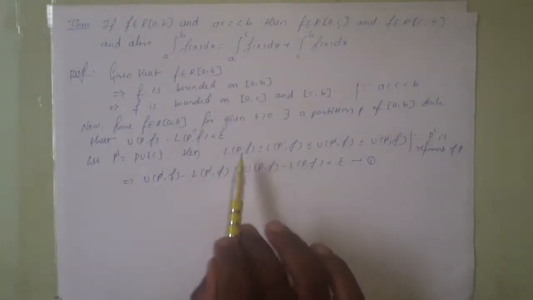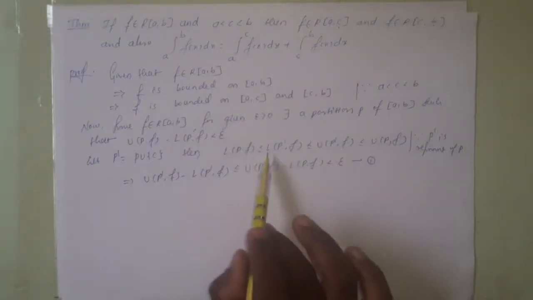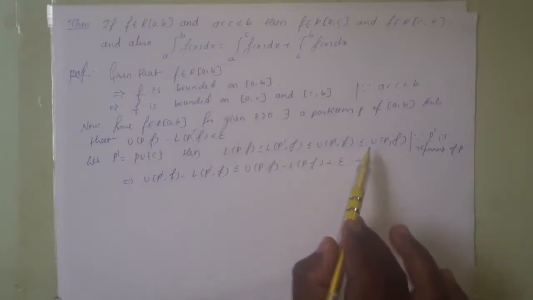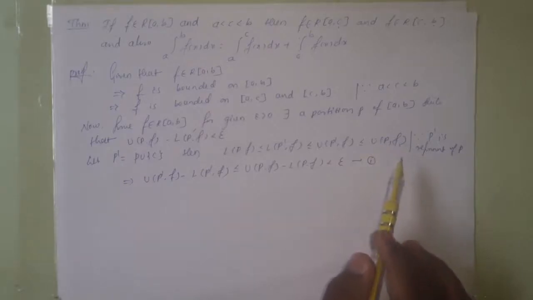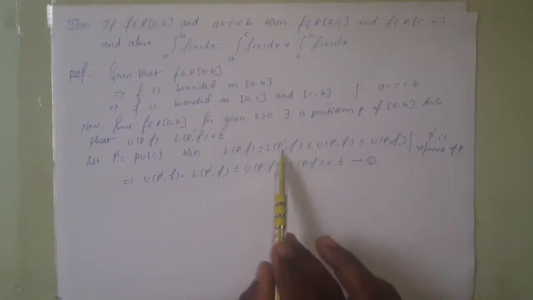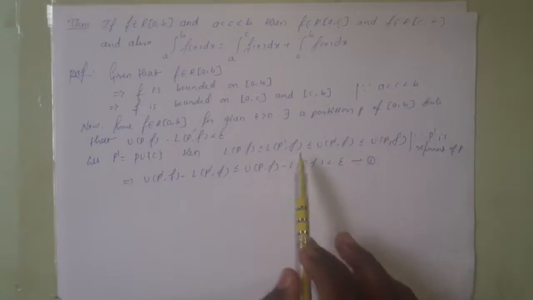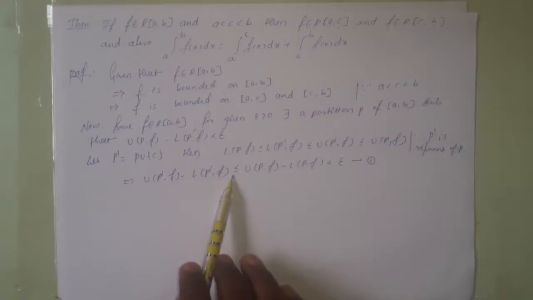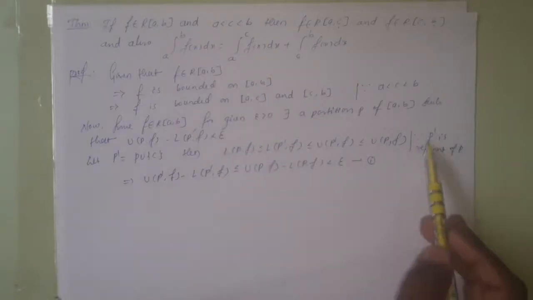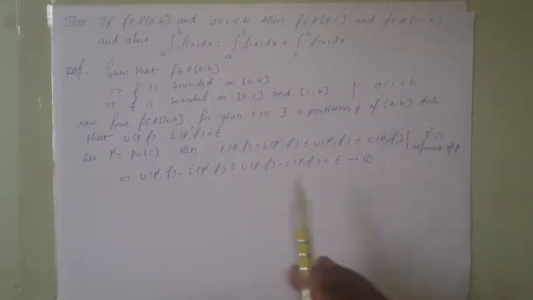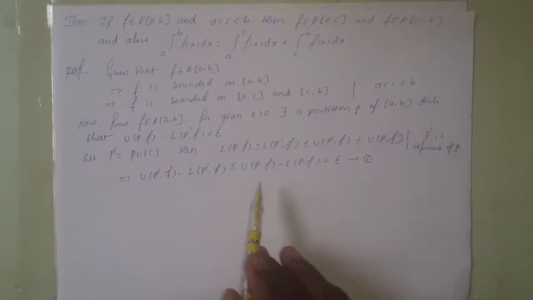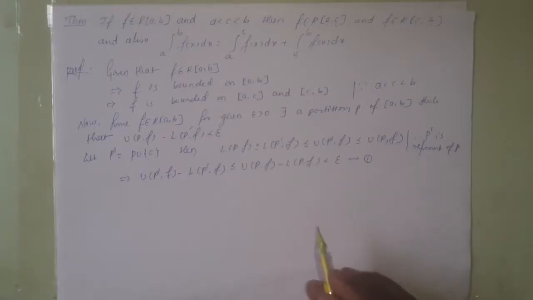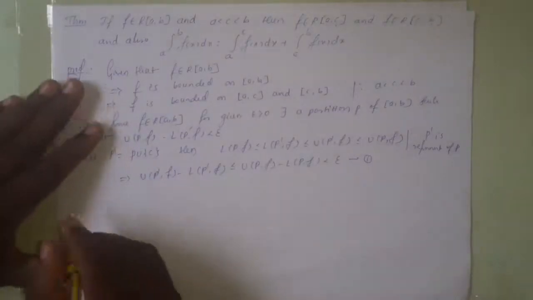Here, by considering this inequality, L(P, f) less than or equal to L(P dash, f) less than or equal to U(P dash, f) less than or equal to U(P, f), shifting L(P dash, f) to the other side becomes negative. Therefore U(P dash, f) minus L(P dash, f) is less than or equal to, now shifting L(P, f) to the last, this becomes negative, so U(P, f) minus L(P, f), and it is given that U(P, f) minus L(P, f) is less than epsilon, since f is a Riemann integrable function.